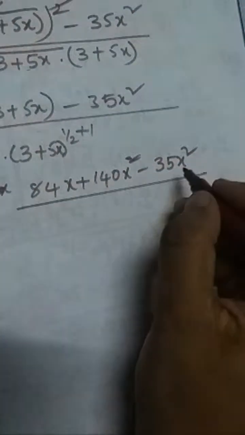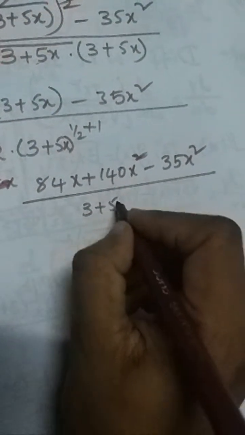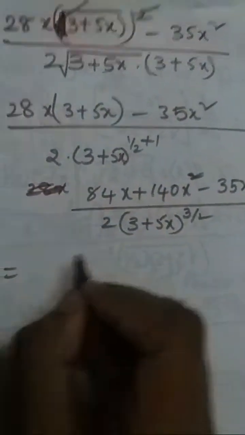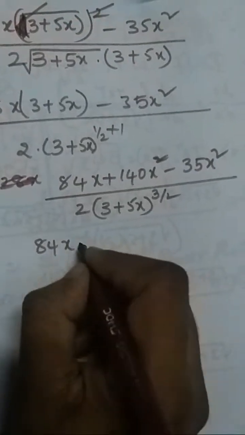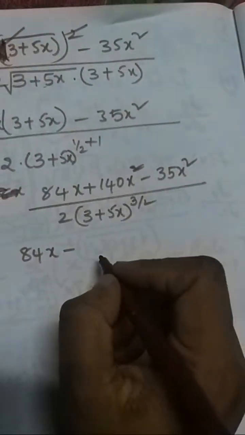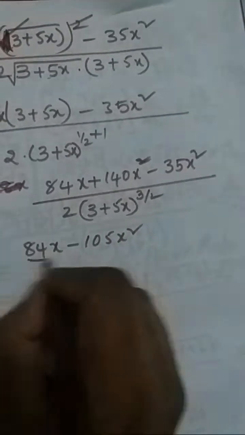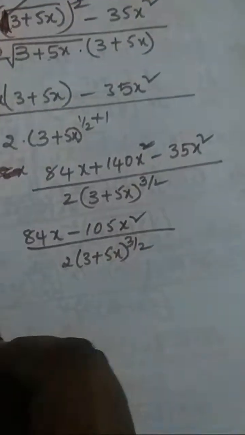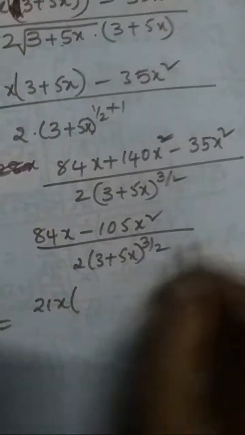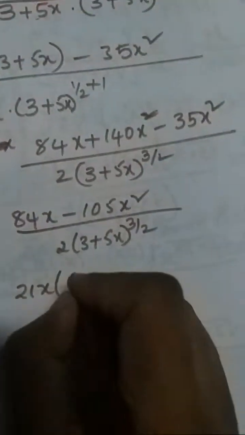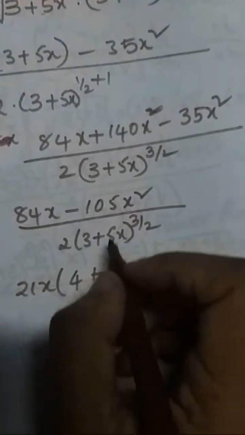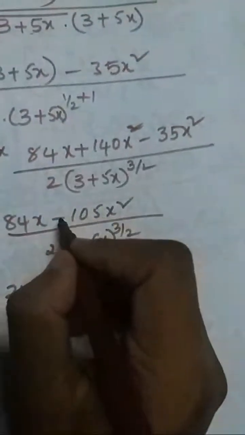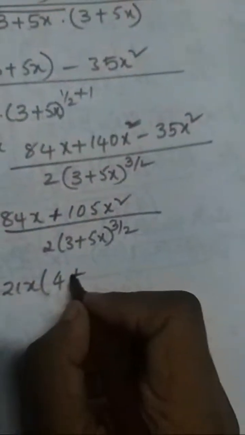We have to subtract these x square terms, and the denominator is 3 plus 5x whole power 3 by 2. Here 2 is there. Now 84x plus 105x square after subtraction of x square terms, over 2 into 3 plus 5x whole power 3 by 2. Taking 21x as common, we write 4 plus 5x, since 140 is greater than 35, so we write plus after subtraction.